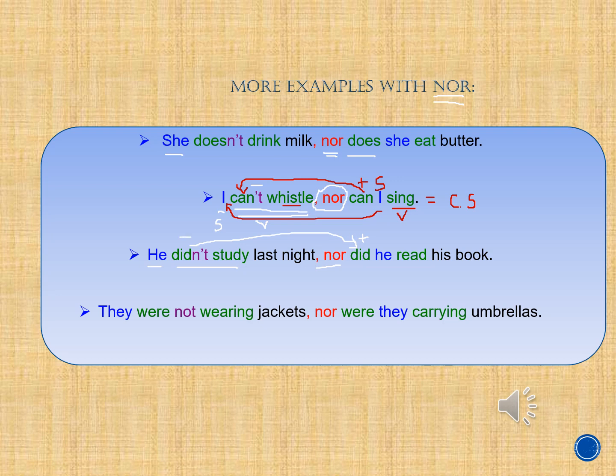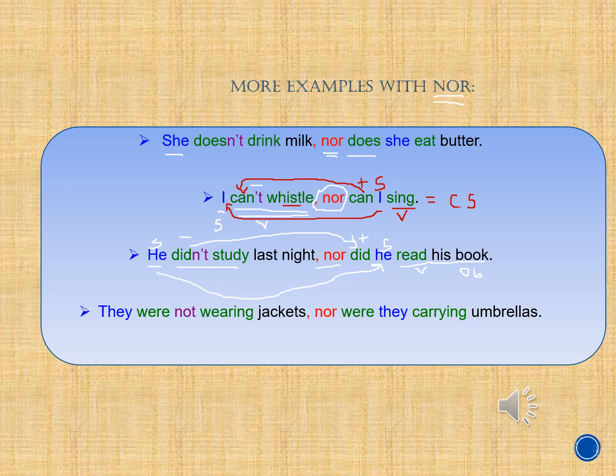If I have didn't, I'm going to write did. What subject do you have? He. So you're going to copy the subject, he, and then you're going to complete the sentence with something that he's not doing. In this case, he didn't study. Also, he didn't read his book. That is a problem.